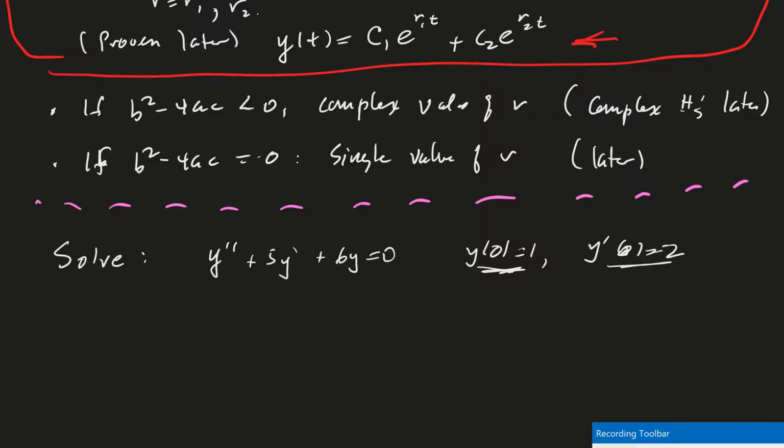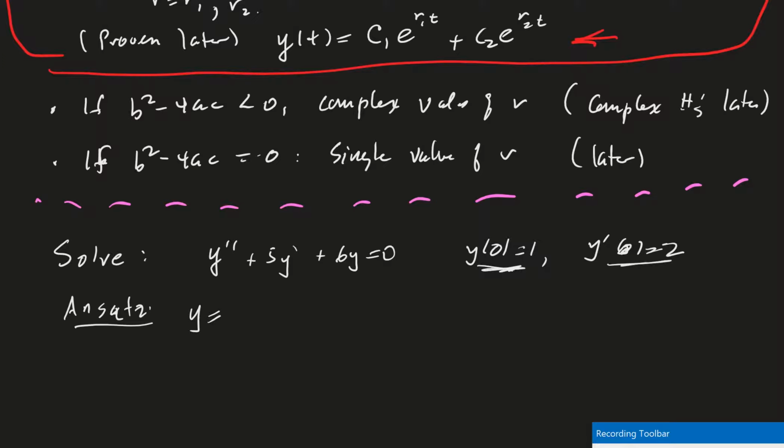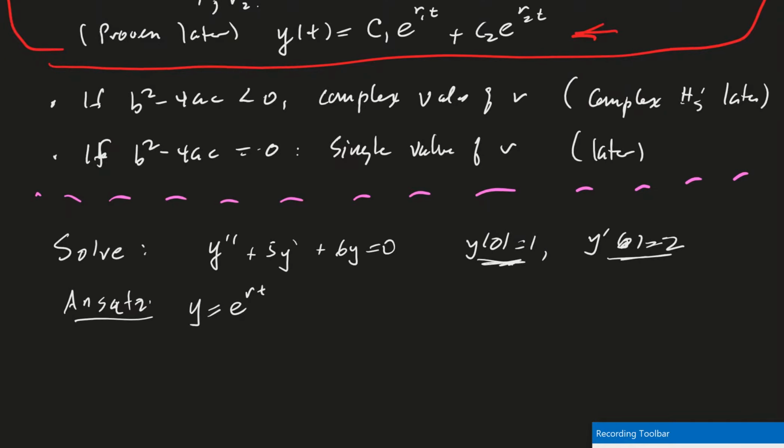Good. So now, formally, you could use your ansatz. We'll just write it down as a reminder. My laptop is trying to update itself, so hopefully it won't do that until I'm finished. So plugging in our ansatz, we get the characteristic equation.